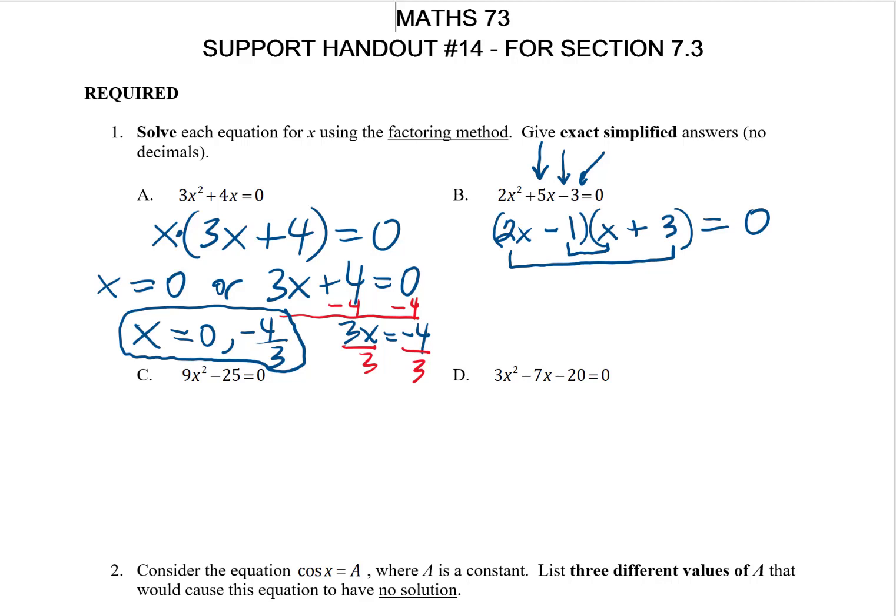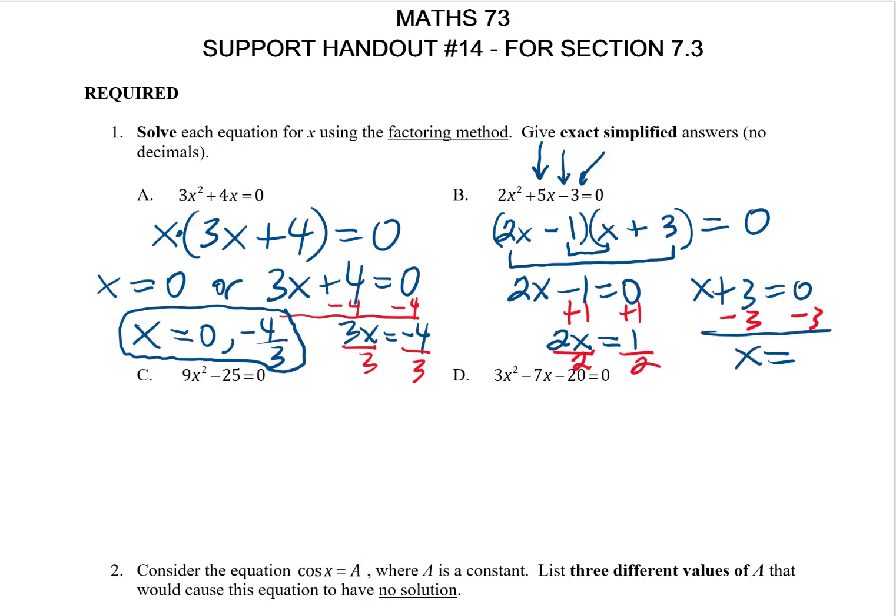Well, -1x plus 6x gives me that 5x that I needed. All that's left then is set each factor equal to 0. 2x minus 1 equals 0, x plus 3 equals 0. Solve each of these little equations for x, and we've got it. This becomes 2x equals 1, divide by 2. Looks like one of the answers is 1/2, and the other answer is -3. So my final two answers, +1/2 and -3.